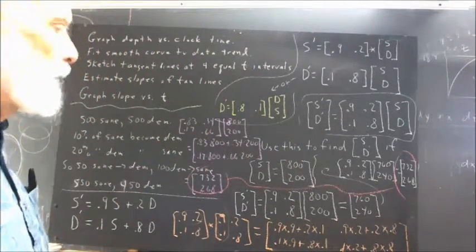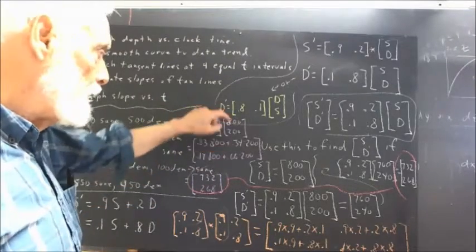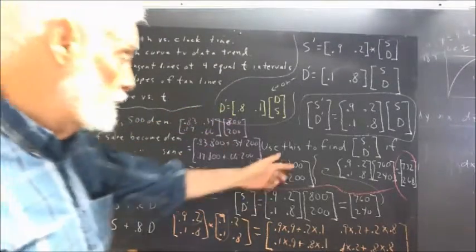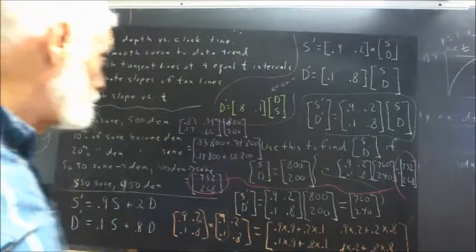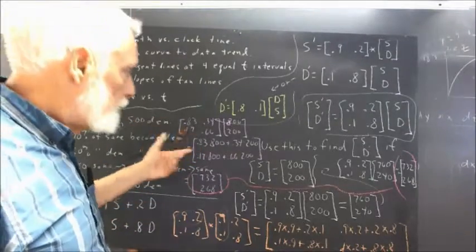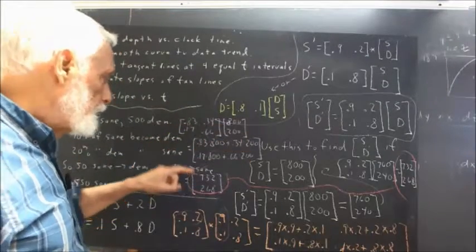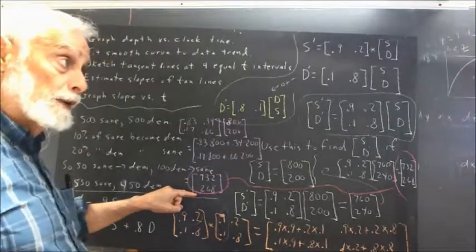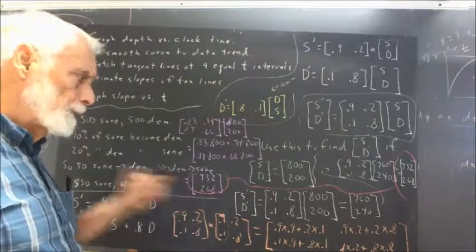Now, what happens if I multiply that matrix by 800, 200, our original number of sane and demented in this example? Well, it's very easy. You calculate it out, and when you do the arithmetic, you get 732 and 268. What's the significance of that number?